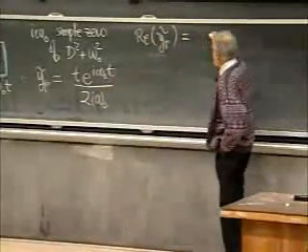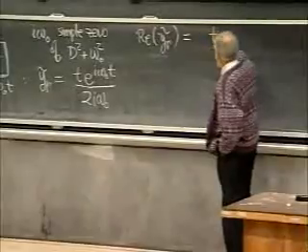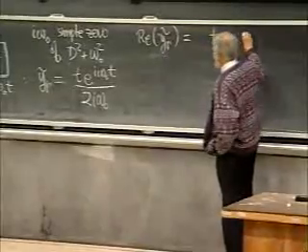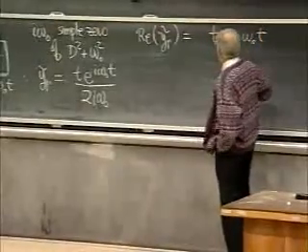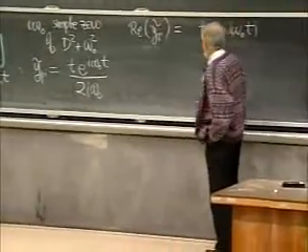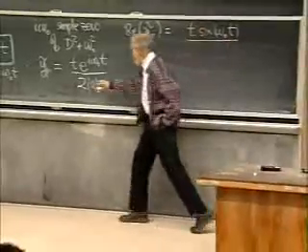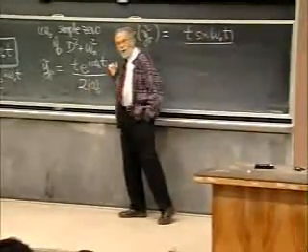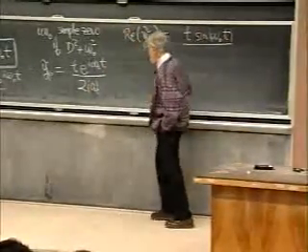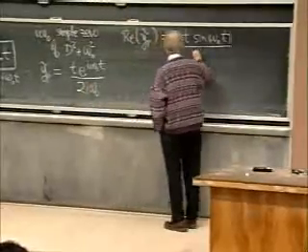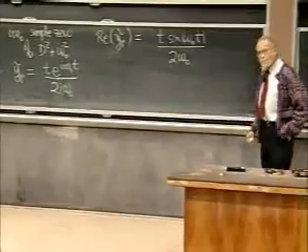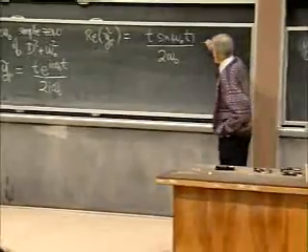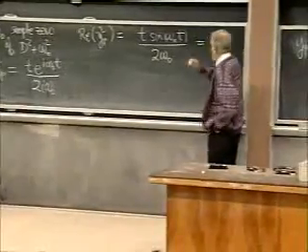Therefore, the real part is t times sine of omega naught t, divided by 2 omega naught. So that's our particular solution now.